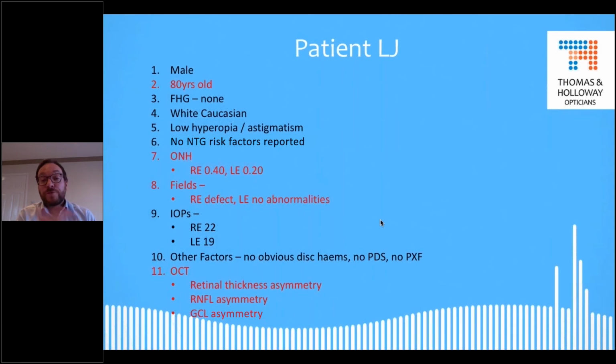I would probably put the first patient case study into that category. And then you've got category 4, which is the barn doors. There's not very much about this that doesn't suggest glaucoma. So two very different cases, but the OCT in the first one was probably the clinical clincher. Without it, the patient may not have been referred. In this particular case, the patient probably would have been referred, but the OCT adds the weight and the credence to the referral.